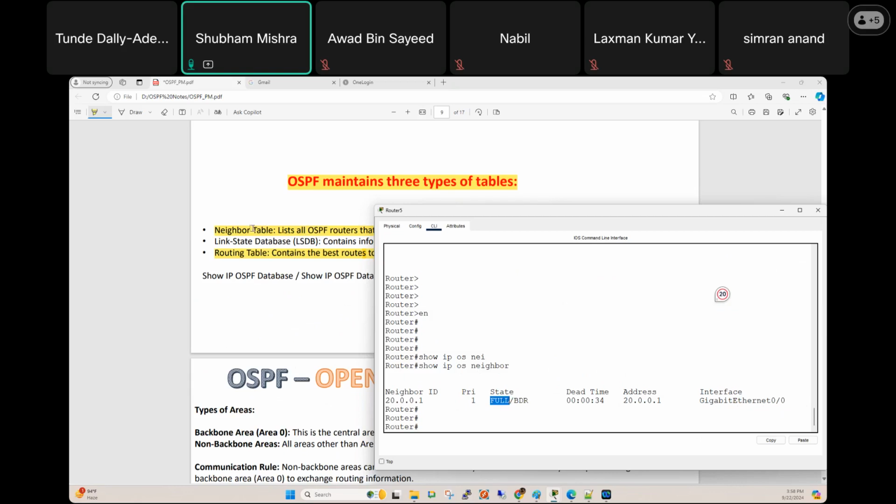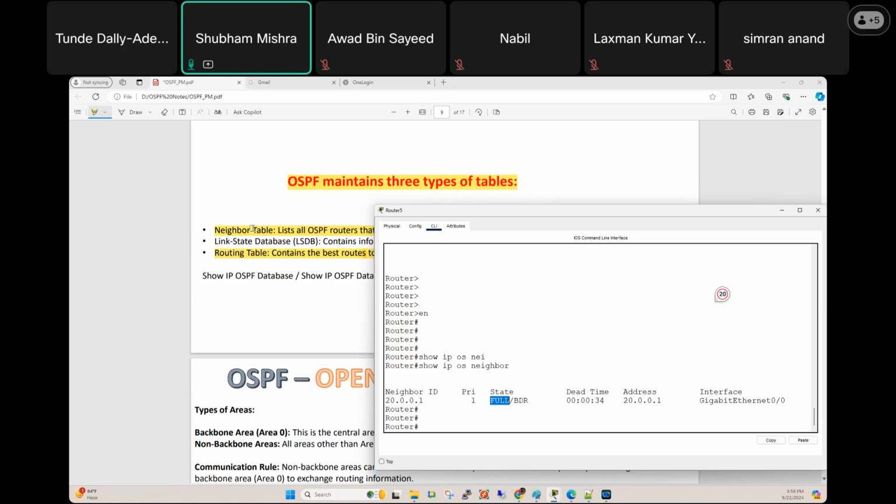In the hello packet, as I told you in yesterday's class, the neighborship parameters are exchanged. When all the parameters match, both routers will become neighbors.